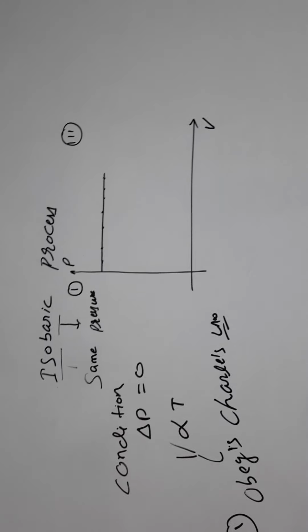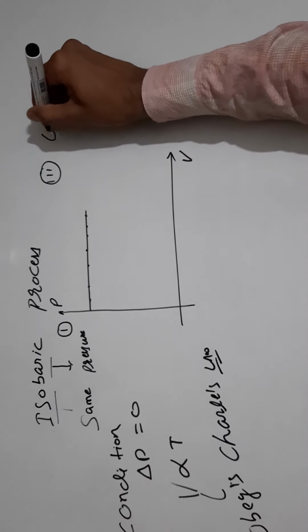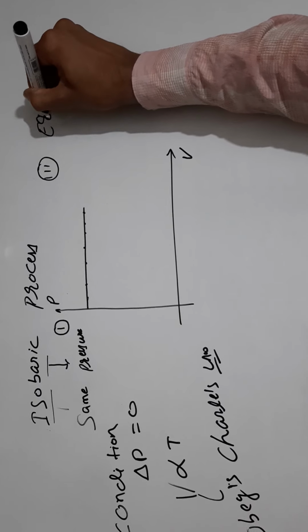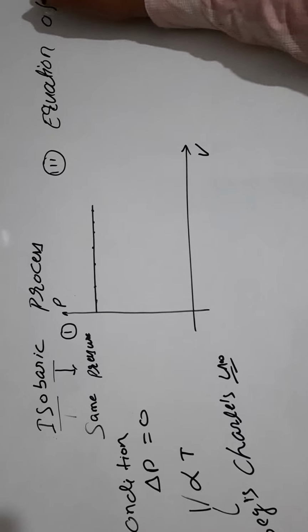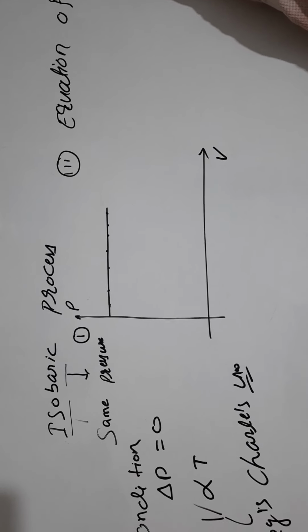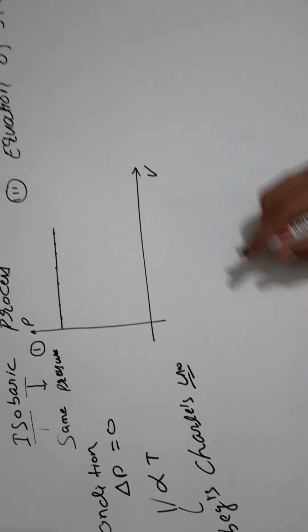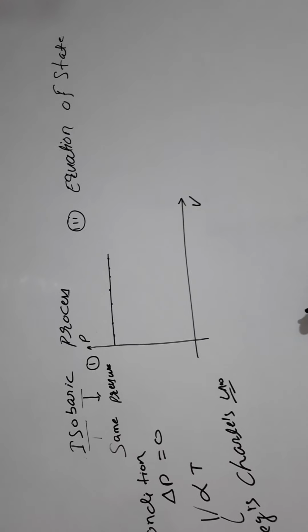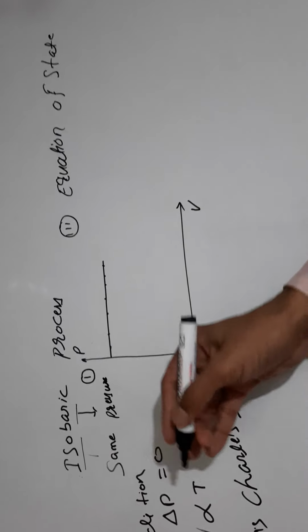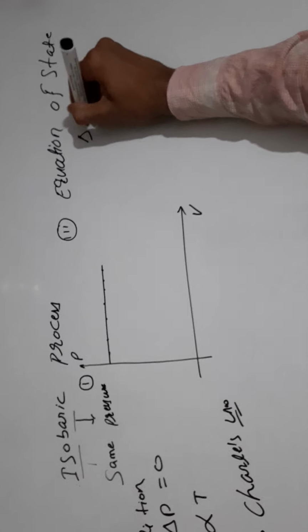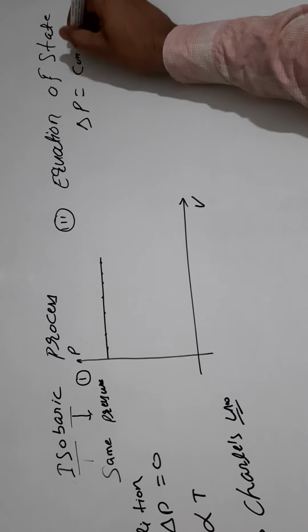So what is the third one? It is the equation of state. What is the equation of state for this process? Very simple. According to this, delta P is equal to constant.